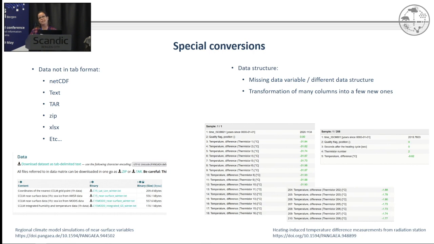However, to put the data in webODV, I need to have this data in a text format readable by ODV. And this is our special conversion. So it can be done because of the data format, or because even if the data is in the tab format, it's not really well readable by webODV. And that's the case on the left, when I have too many columns, and I could have this data in fewer columns.